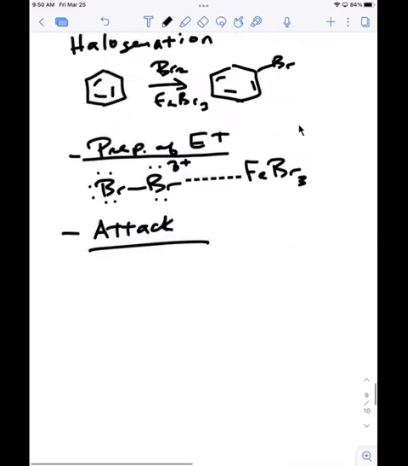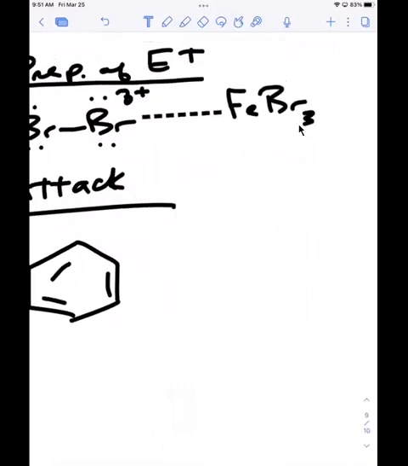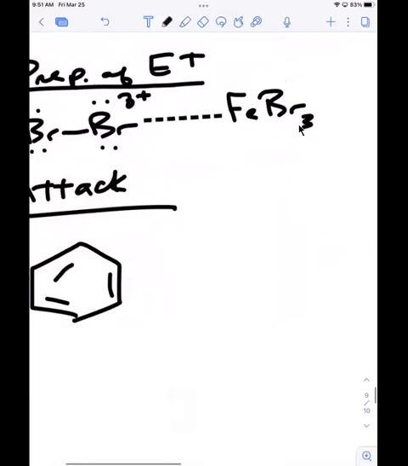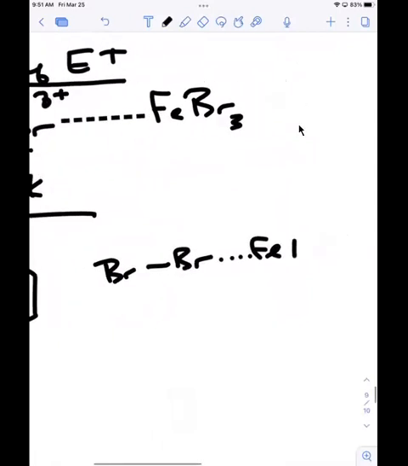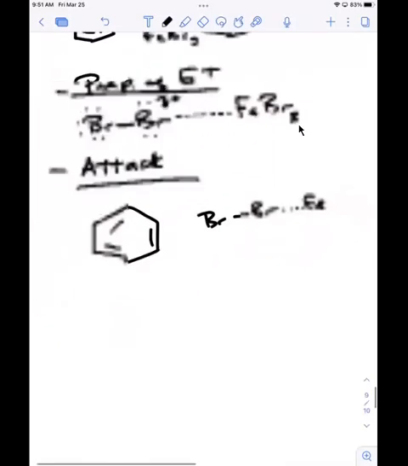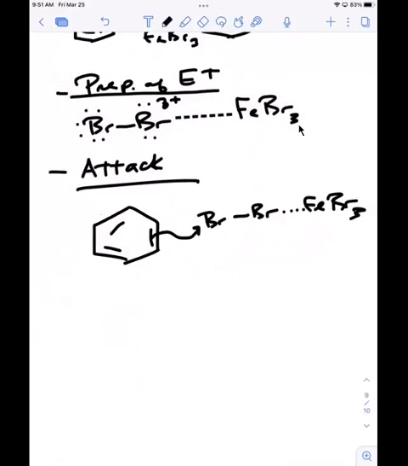So when the ring attacks this, I'm going to use this double bond right here. This is going to attack like this, boom, like that, and then you're going to break that bromine bond.